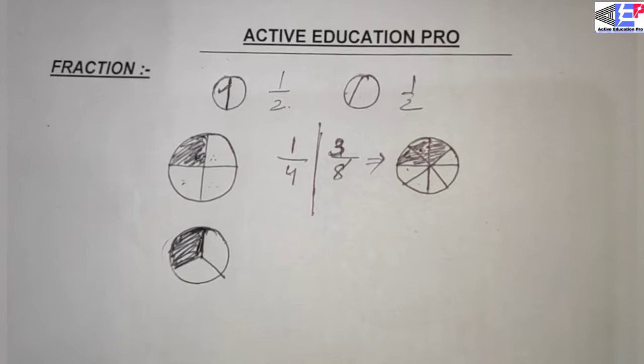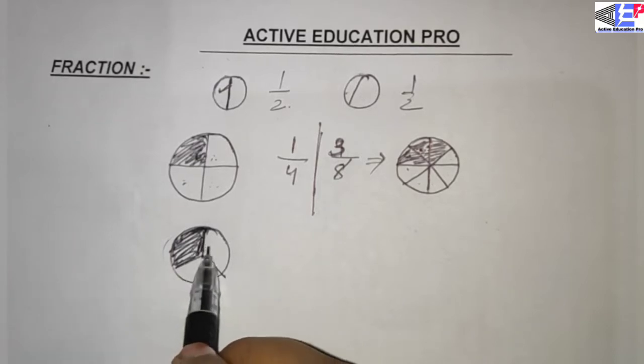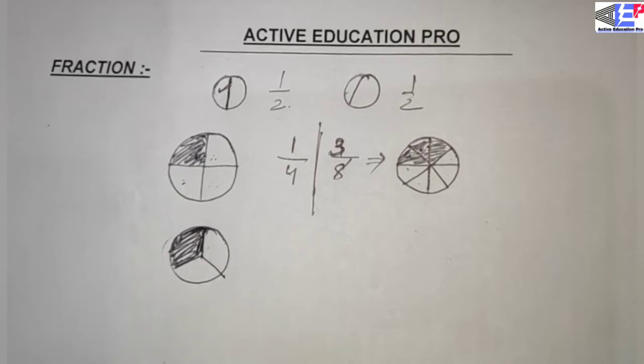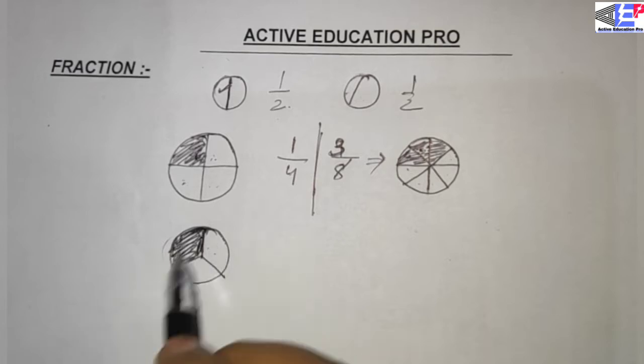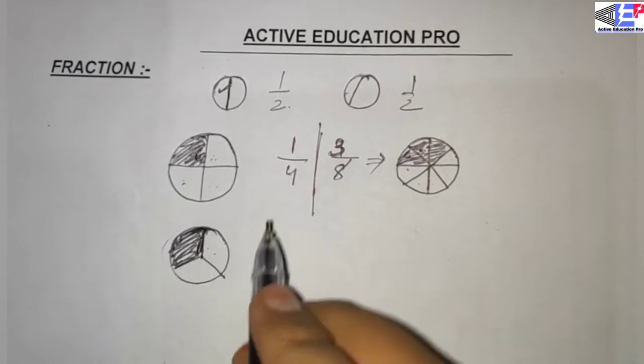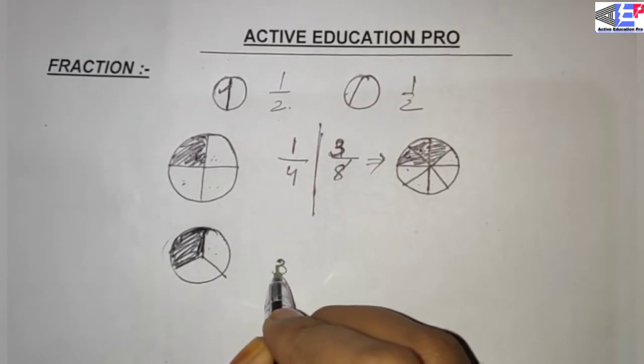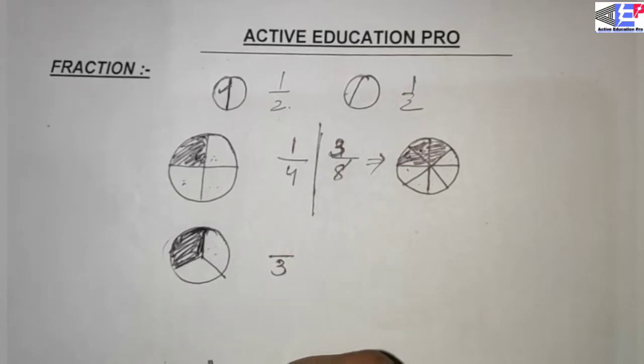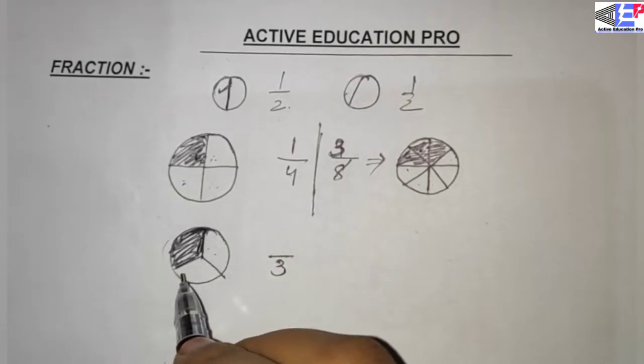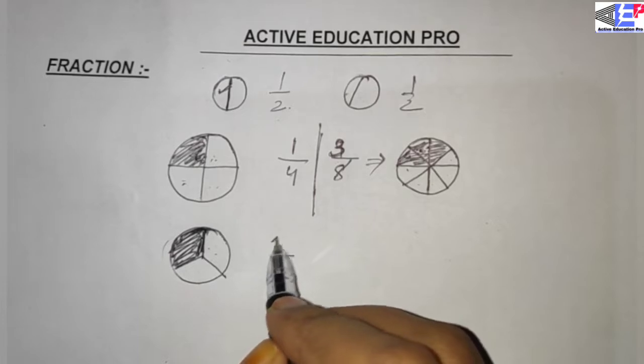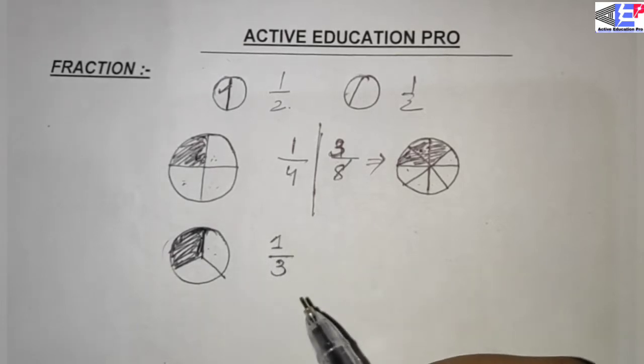First, count the number of equal parts the circle is divided into. The circle is divided into 3 equal parts. So the denominator is 3. And the numerator is the number of shaded parts. This is 1. So this is 1 by 3.